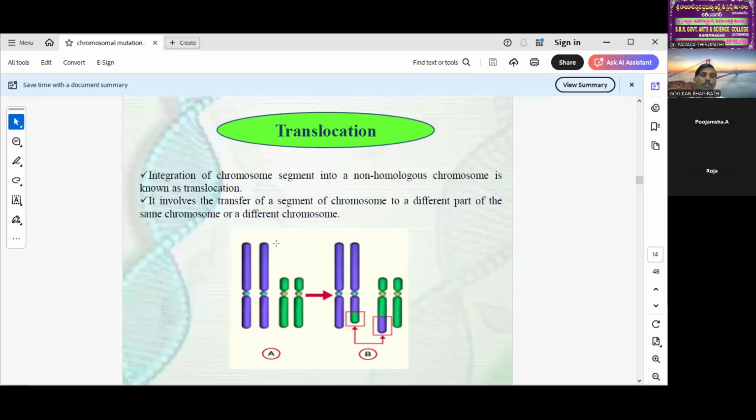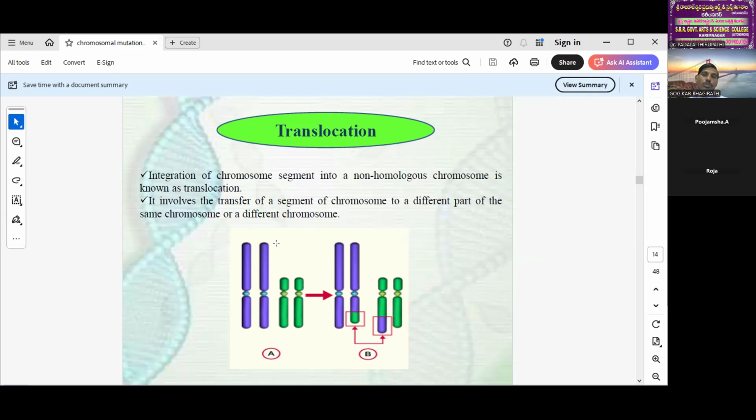Next, the third type of chromosomal aberration is called translocation. What is meant by translocation? Translocations are a kind of chromosomal rearrangement in which a block of genes from one linkage group is transferred to another linkage group.